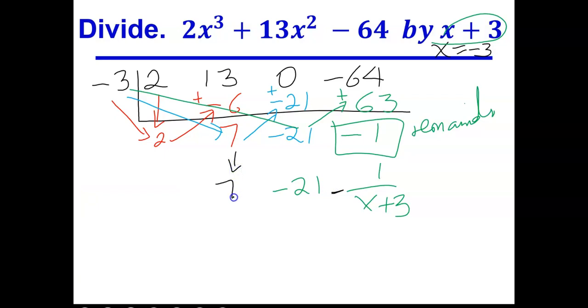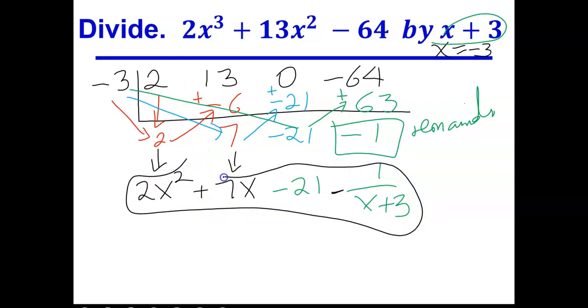And this becomes 7x, positive, and this becomes 2x squared. Again, the degree reduces, because we had degree of 3, we end up with degree of 2.